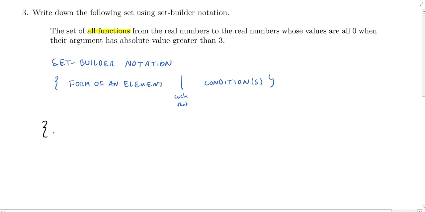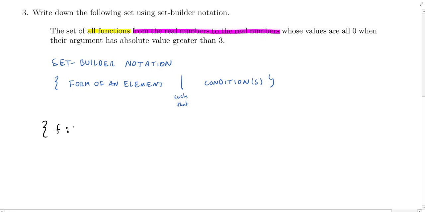So let's try writing this down. First we start with a curly brace, and they're going to be functions. Functions, typically we give them names, and it's kind of standard, we'll call it some f. Do we know anything about these functions? Yes, we know that this is a function from the real numbers to the real numbers. So the domain and the codomain are both the set of real numbers.